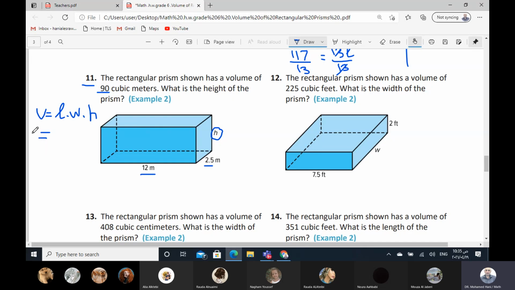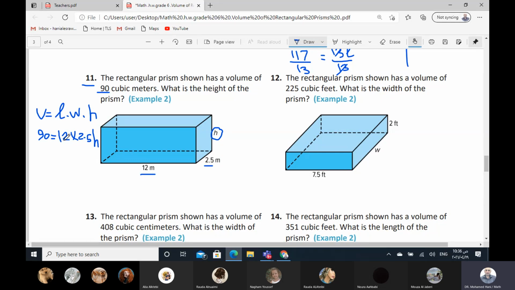Now we know the volume 90, and the length will be 12 times the width, which will be 2.5, and the missing value here will be h.